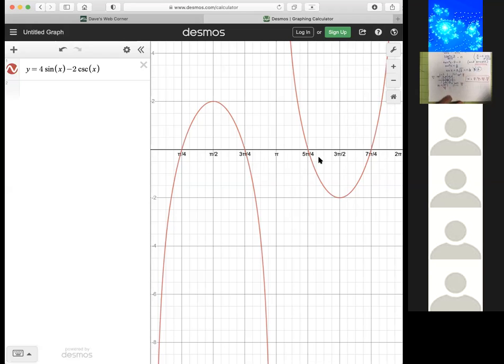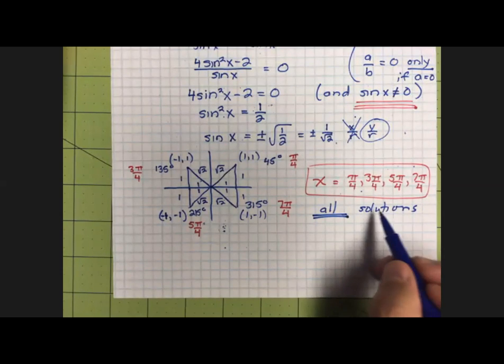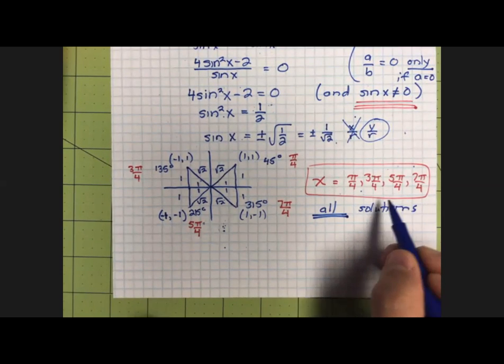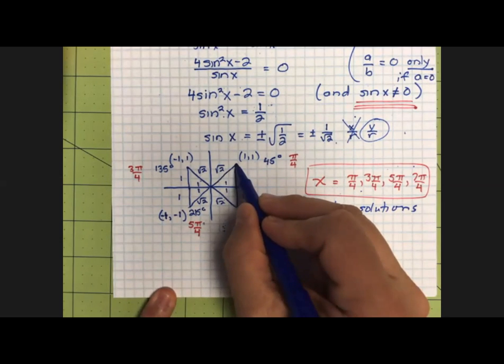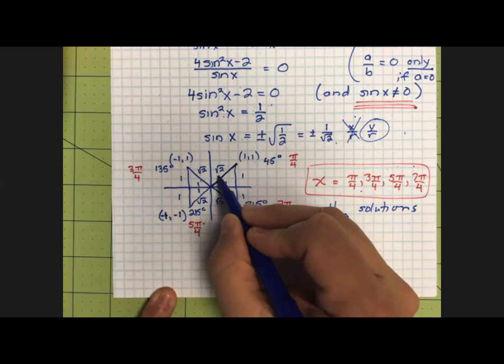So what if the book had said to you, we want all solutions? You could say each one of these plus 2k pi. Let me go back to my paper. But that would be a lot of writing. Why don't you just take pi over 4 plus 1 pi plus 1 pi plus 1 pi?